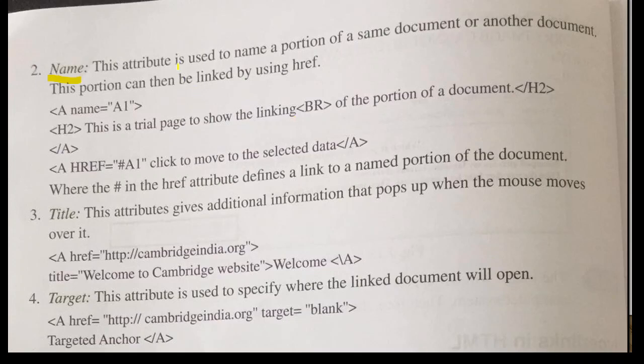This attribute is used to name a portion of the same document or another document. This portion can then be linked by using href. So the syntax is the anchor tag, then the attribute name, and then whatever name you want.